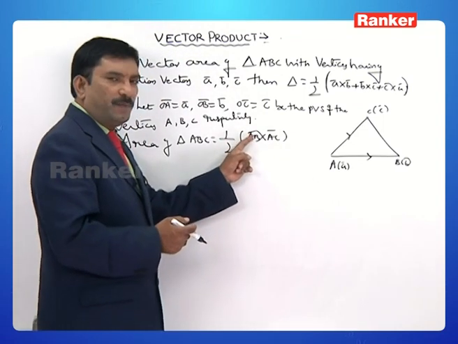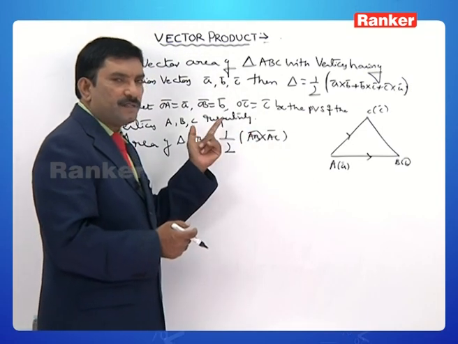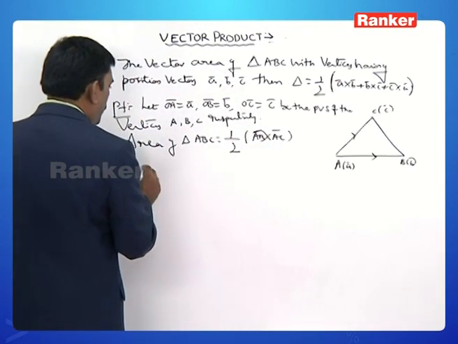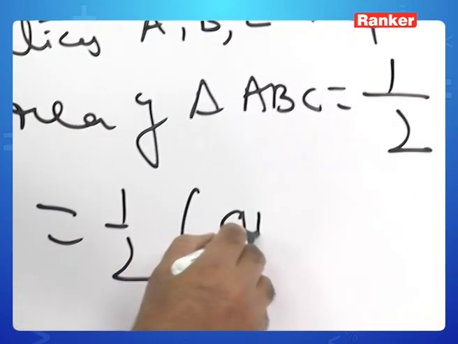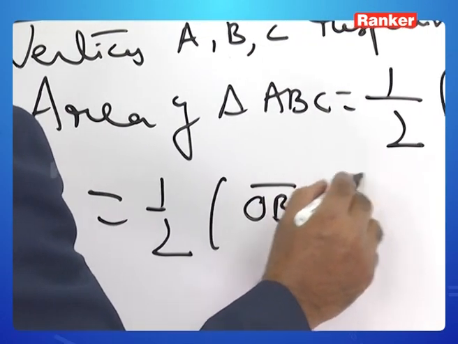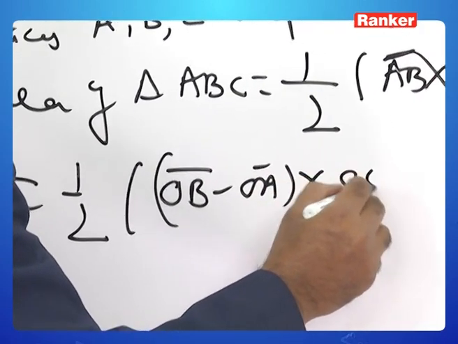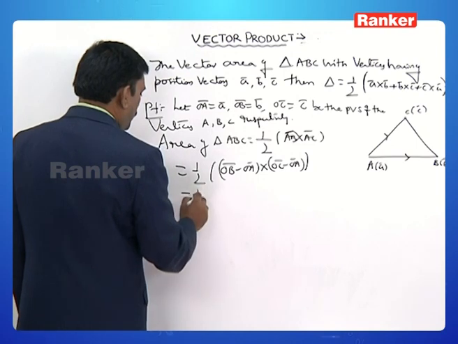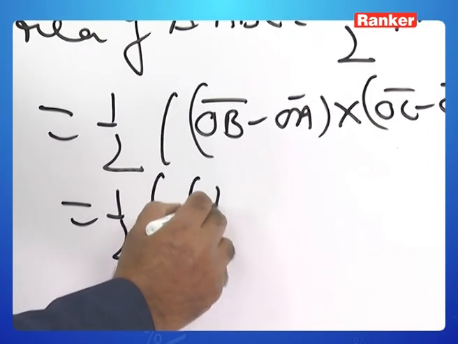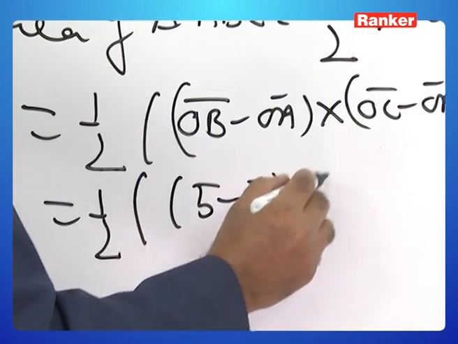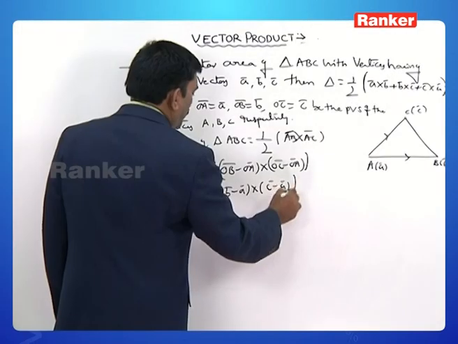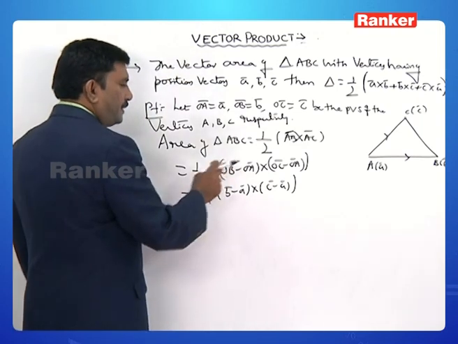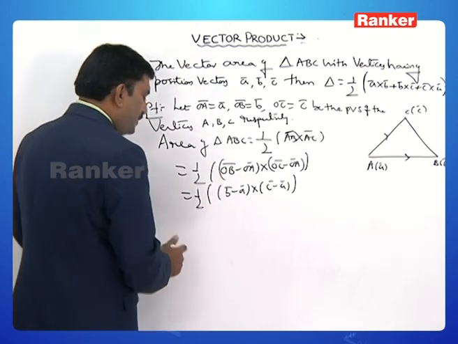Now, the vector AB bar, that is the side, is not given; its position vectors are given. I can write it as half into OB minus OA cross OC minus OA. This is equal to half into B bar minus A bar cross C bar minus A bar. One vector can be expressed as position vectors of its extremities.